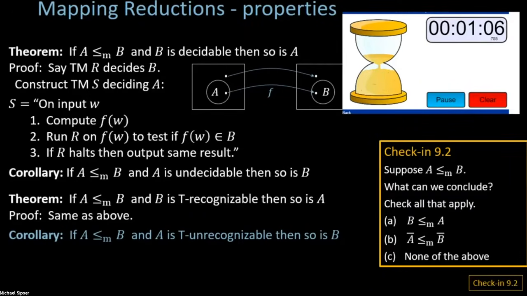Well, this is a good question here. If A is reducible to B, why can't we just get B reducible to A by inverting the function? That's a great question. I like that question. The reason is because the function that's mapping onto B doesn't have to be onto, surjective.